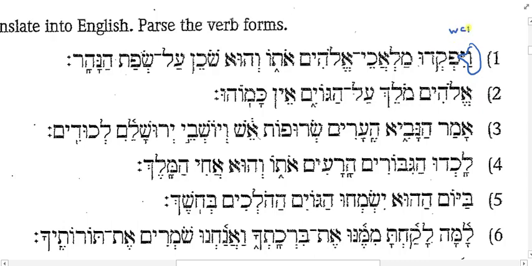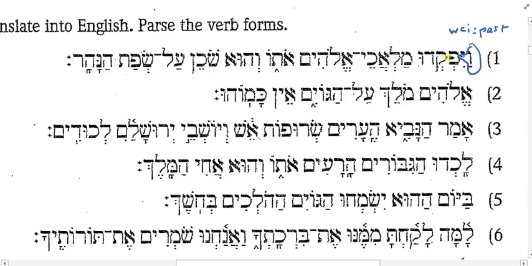It's a WCI, which is what time frame? It's past. So how would we translate va-yif-kadu, all by itself? They appointed, or they visited. Okay, either of those are okay right now.